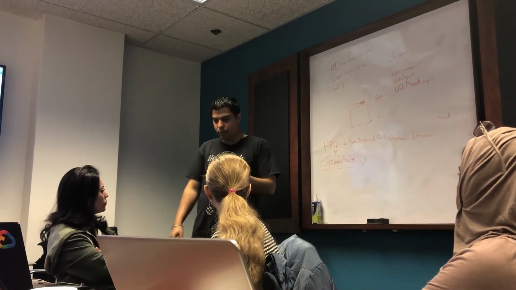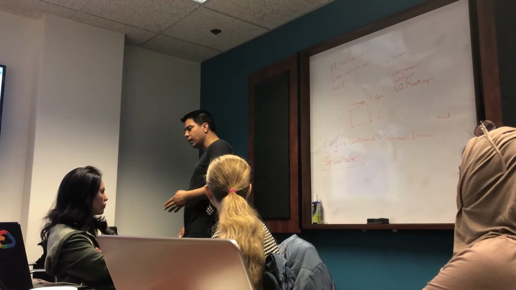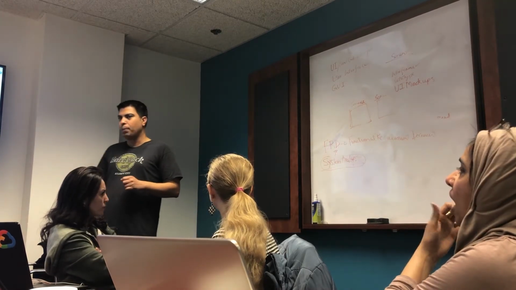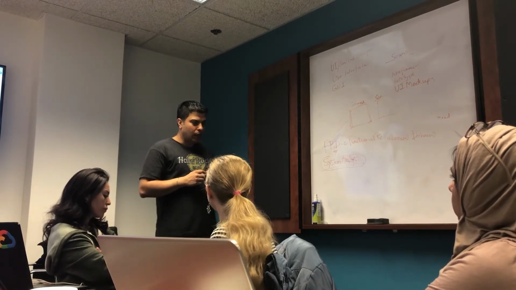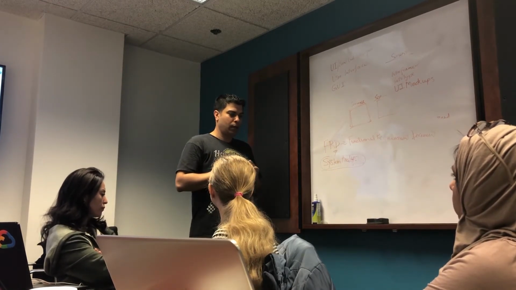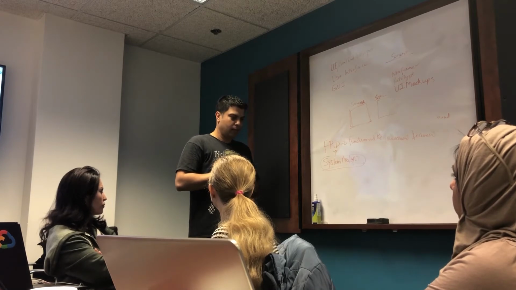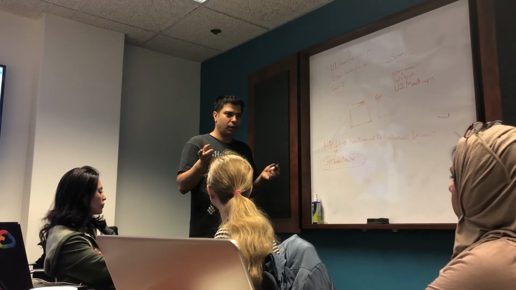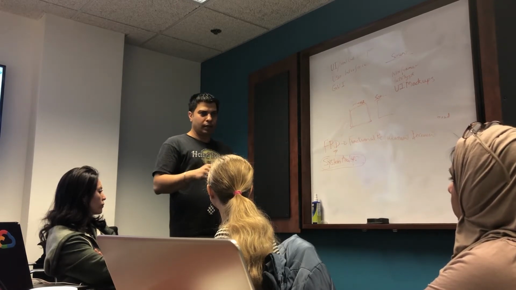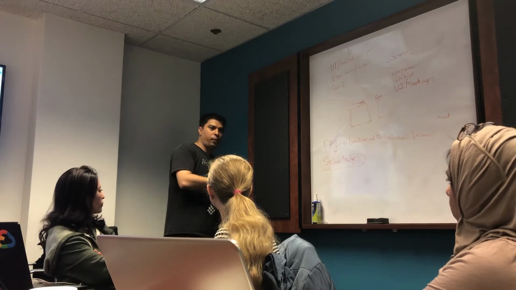Now, what is the difference between a BRD and an FRD? I'll give you simple examples, okay? A requirement document will say that user will open a browser, enter the Bank of America URL, and the system will navigate them to the Bank of America website.